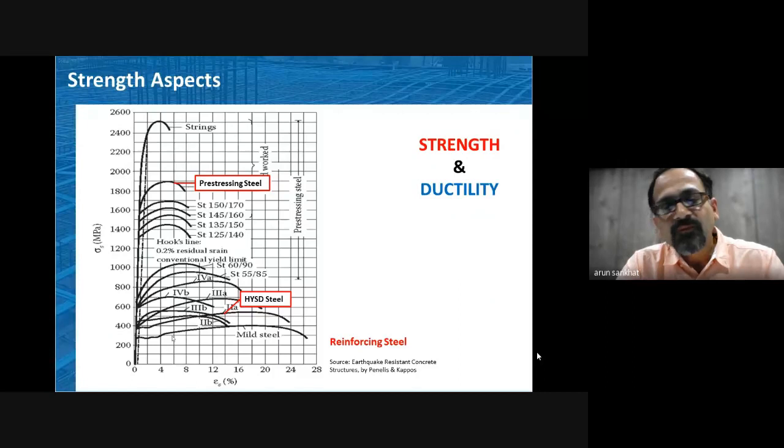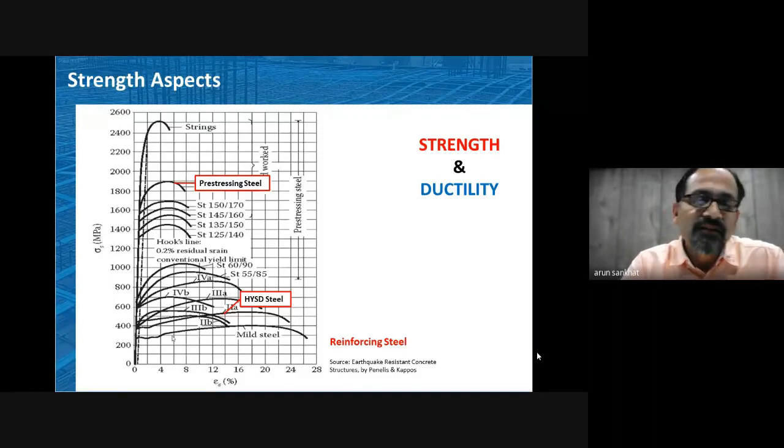Then there are other grades, and then there is HYSD steel, somewhere around 450 to 500. Then there are other high strength grades, and as you go up, there is pre-stressing steel somewhere near a stress of 1800. This is the graph of pre-stressing steel.